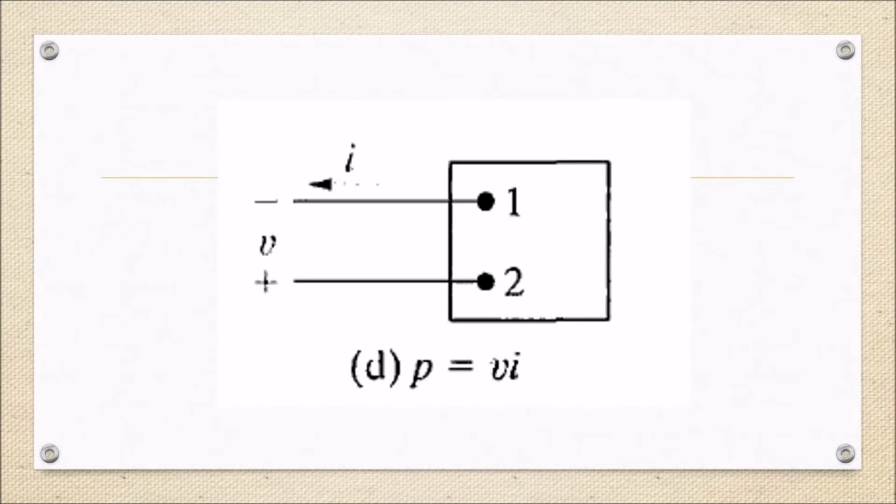If the power is positive, power is being delivered to the circuit inside the box. And if the power is negative, power is being extracted from the circuit inside the box. An example follows.